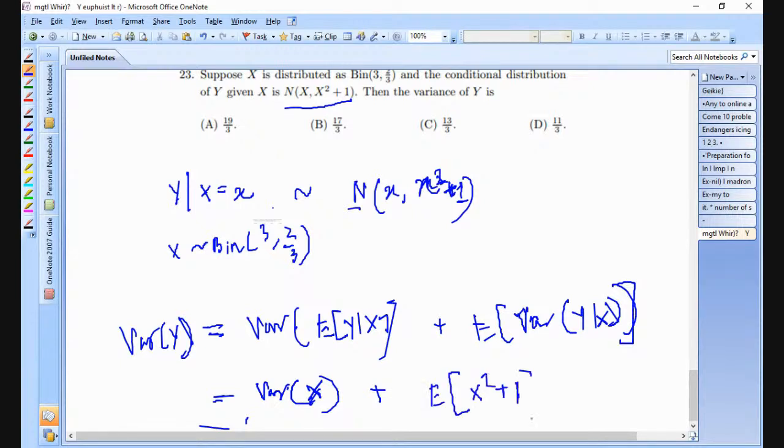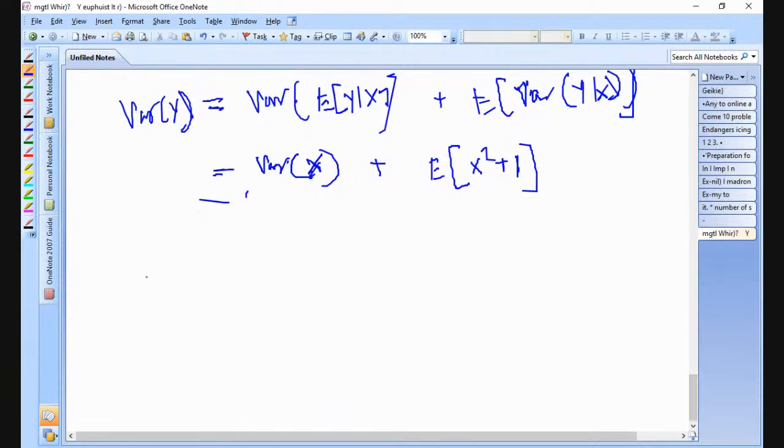Therefore it equals the variance of X plus the expectation of X squared plus 1. The expectation of X squared is the variance of X plus the expectation of X whole squared, plus 1. So it is twice the variance of X plus the expectation of X whole squared plus 1.